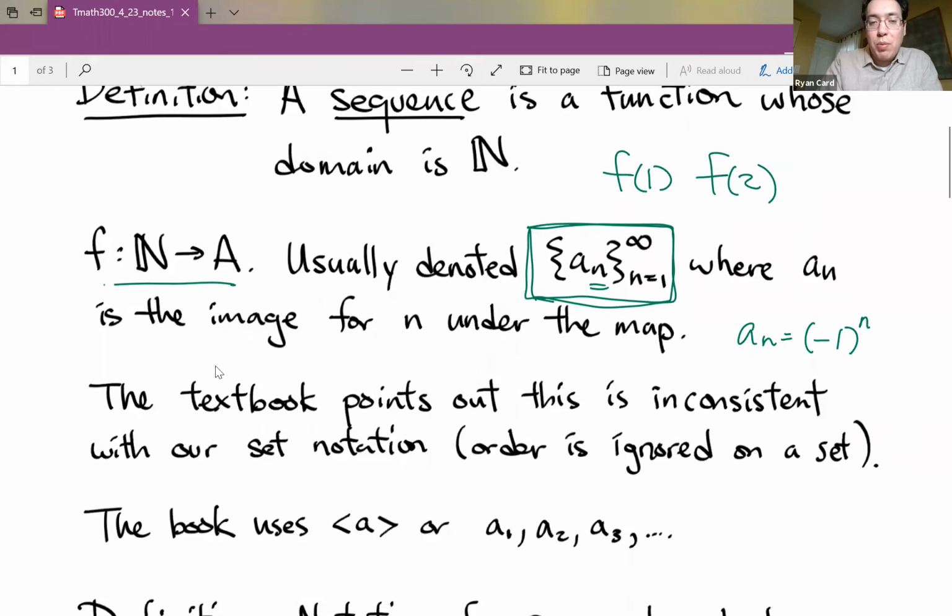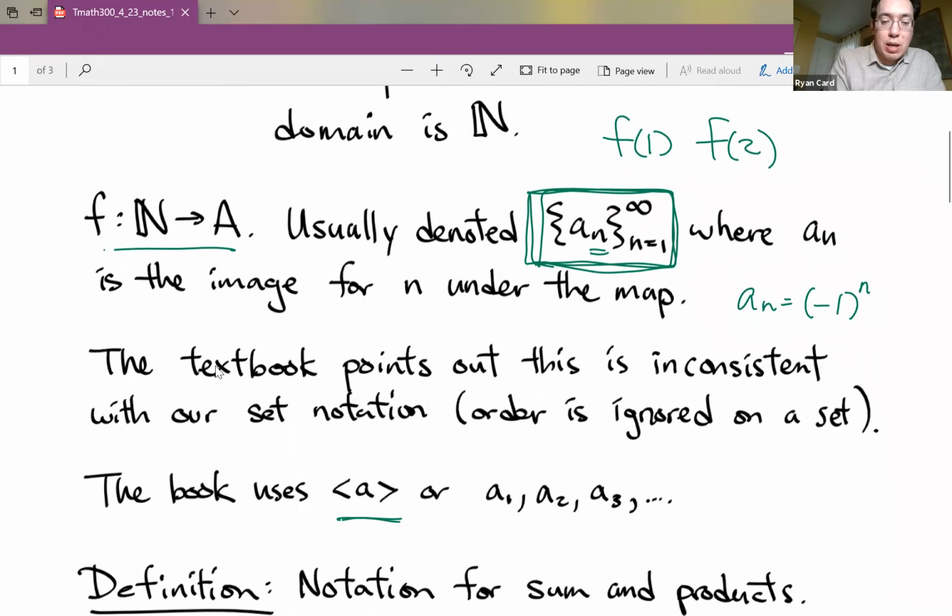But we want to think of a sequence as something where order does matter, and some numbers could appear twice, and that's different from just counting it once. So although this is a way more popular notation, the book uses either angle brackets or just lists the terms separated by commas to indicate that this is a sequence.